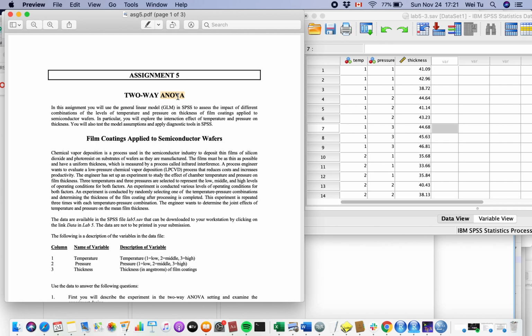But in practice, very often you see there are multiple factors. So in this case, we'll consider one more step: two-way ANOVA, so two factors. Imagine a setting where you're looking at, for example, the effectiveness of a drug.